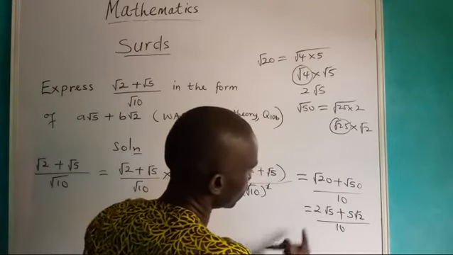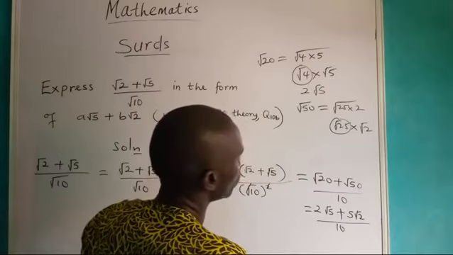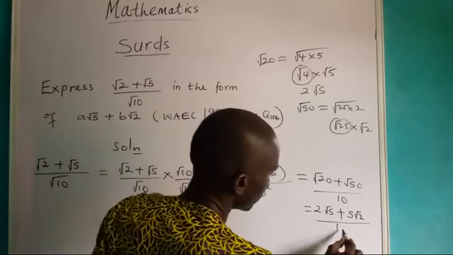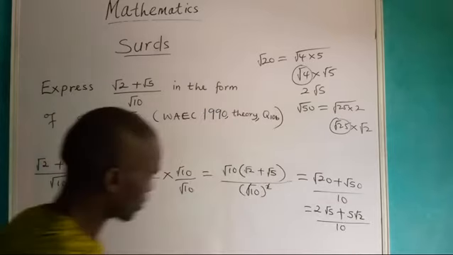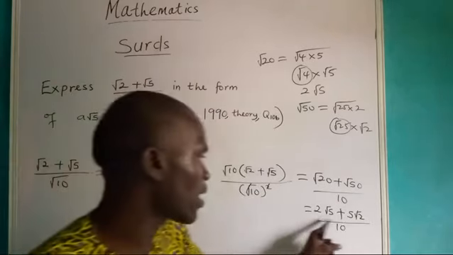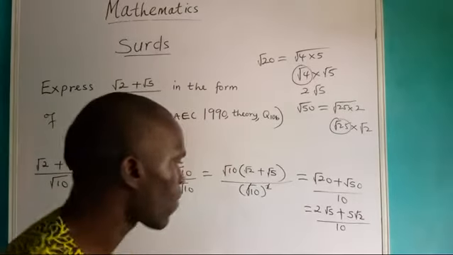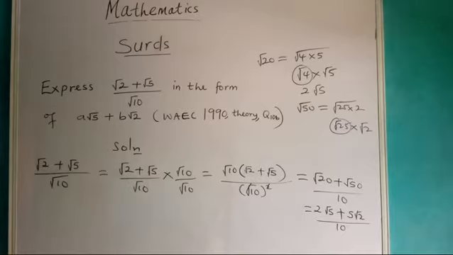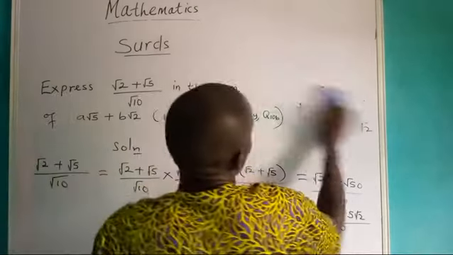Don't forget that this 10 is carrying both terms at the numerator, both 2 root 5 and 5 root 2.